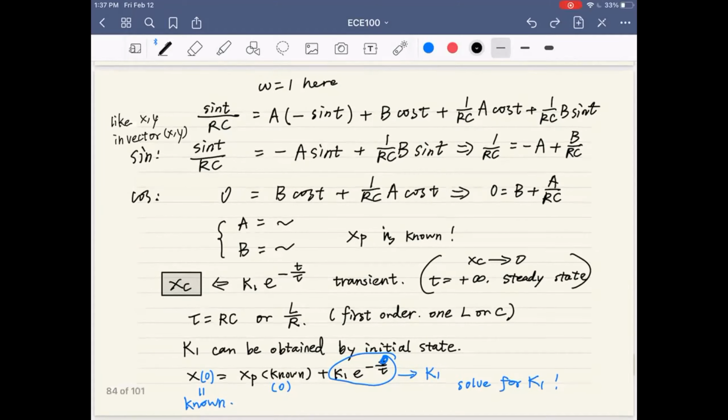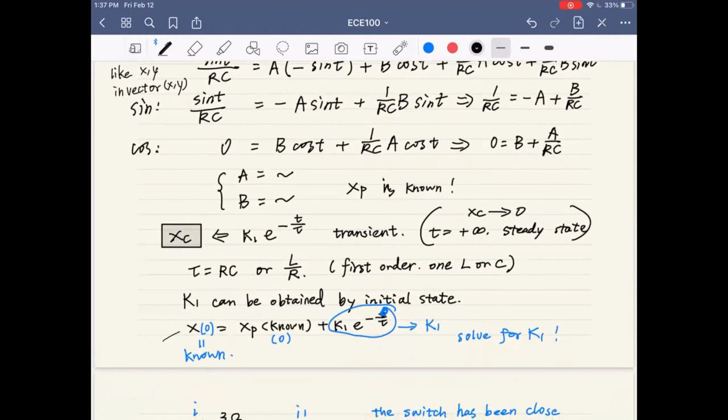The initial state is known, and x of 0, where x can be v or i, equals xp, because we already solved xp, and then we solve xc. We substitute t equals 0 here, and then K1 is the only unknown in this equation. We also know tau from the circuit. That is why we can get the remaining K1 with only one equation.